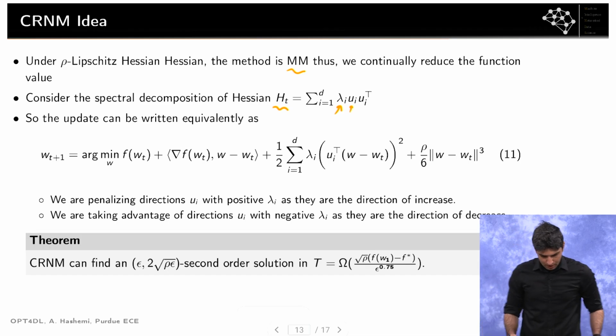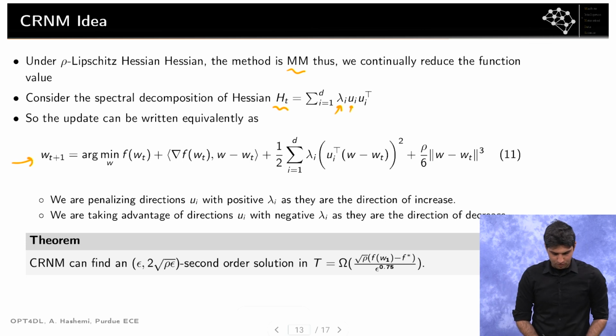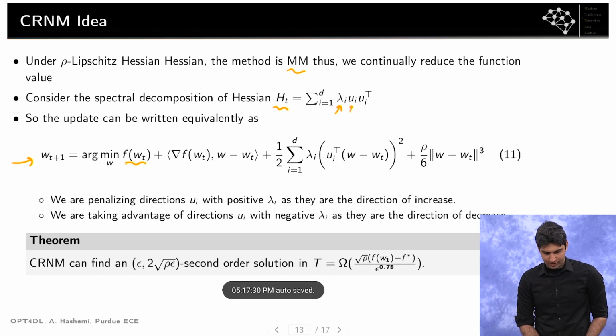Okay, right. Now let's use this in the update of the cubic regularization of Newton method to arrive at this equivalent update. So we are updating w in this specific way by minimizing again a cubic upper bound on the function. This term is constant; it doesn't matter.